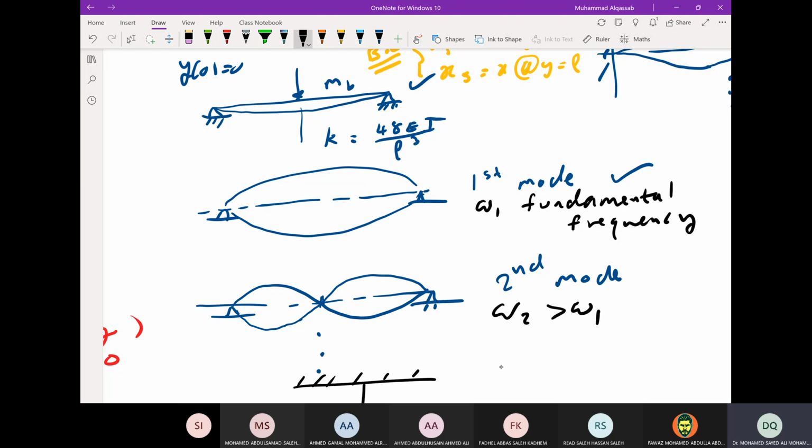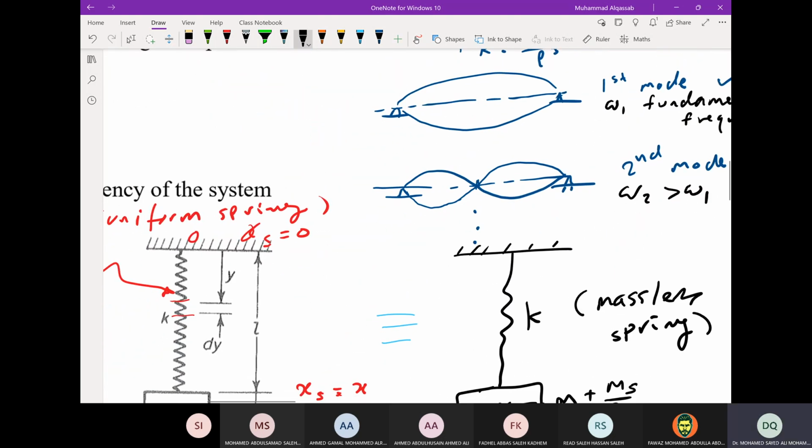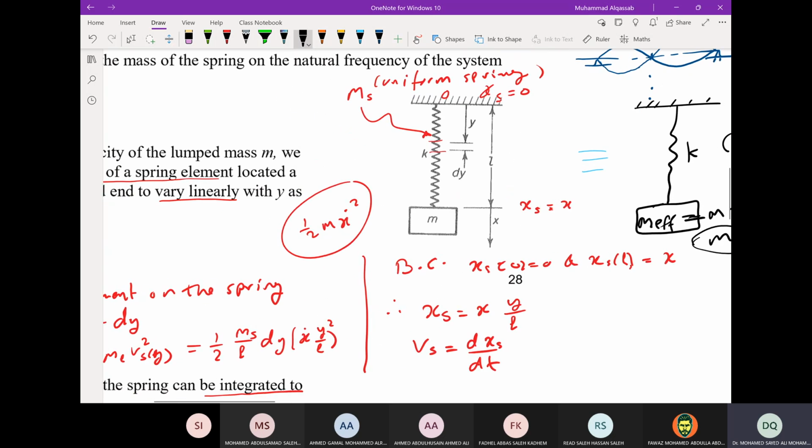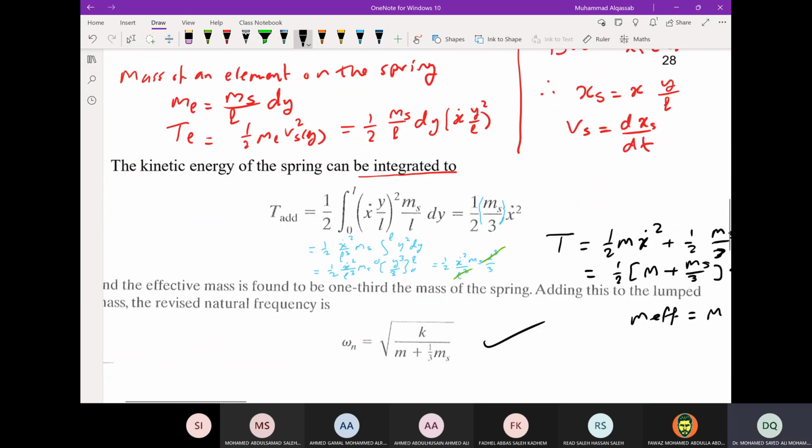So the higher the mode, the higher the frequency. What we will do is approximate the fundamental mode, which will deflect as shown here. All the material of the beam will go downward and upward, below and above the equilibrium line.